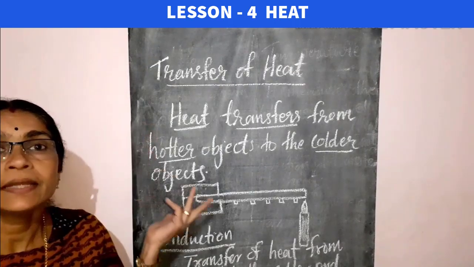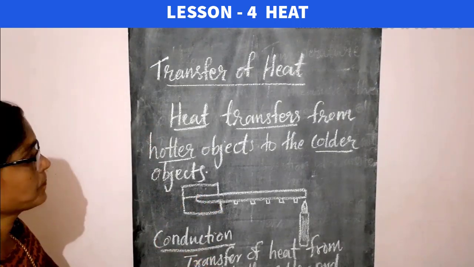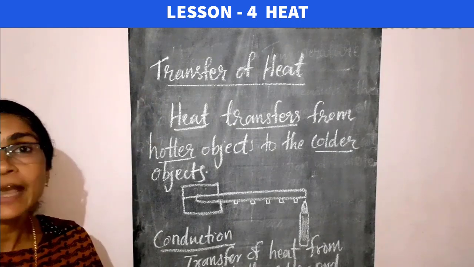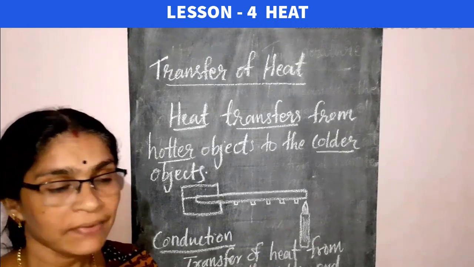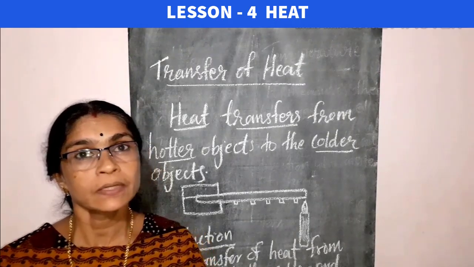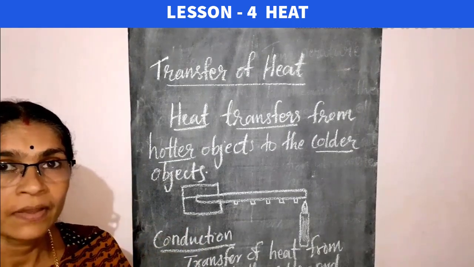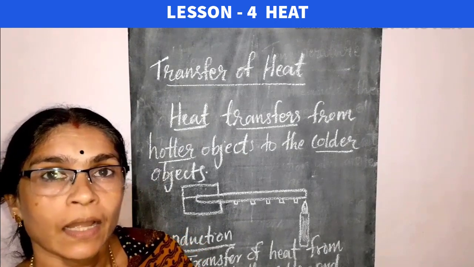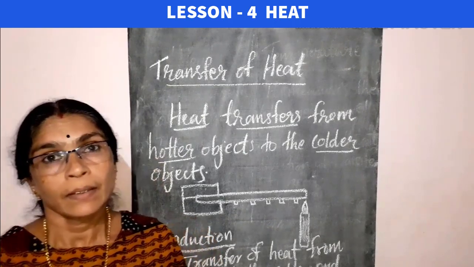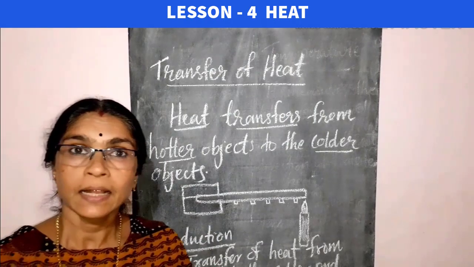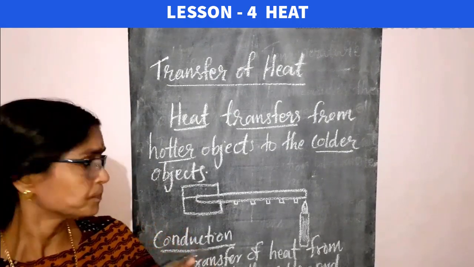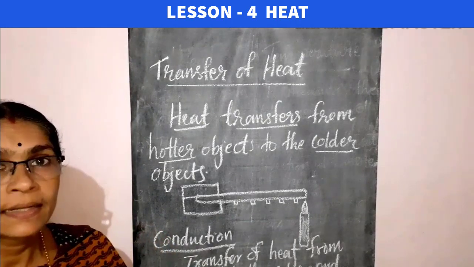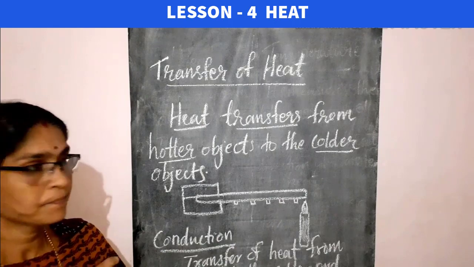Children, there are various methods for transfer of heat. To know more about the transfer of heat, we have to do one activity that is given in the textbook, activity 4.6. For that, we need a rod or a flat strip of metal, either aluminium or iron, and some wax pieces, one candle, and also one stand.